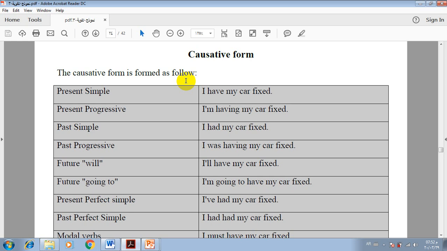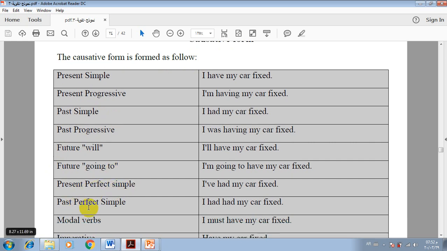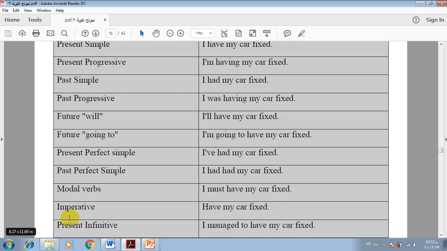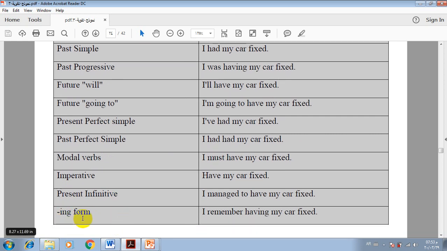We can make sentences in all tenses, like you see in the present simple, present progressive, past simple, past progressive, future will, future going to, present perfect simple, past perfect simple, modal verbs, imperative, present infinitive, and ing form. But there are differences in the formation of each tense.